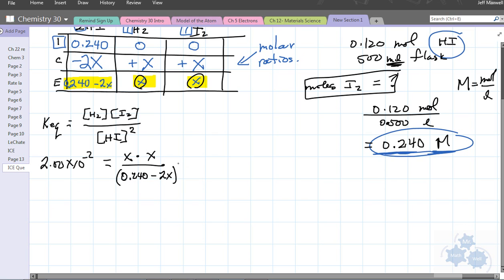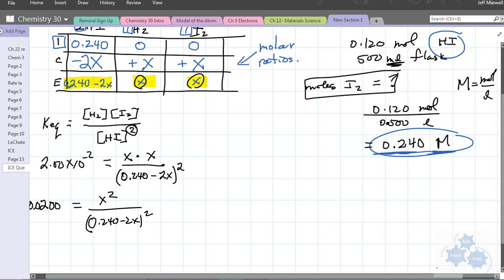Yes, squared, because it's squared here, yeah. Alright, so you can just write this as 0.02 if you want now, 0, and that's going to equal x squared over 0.240 minus 2x all squared.